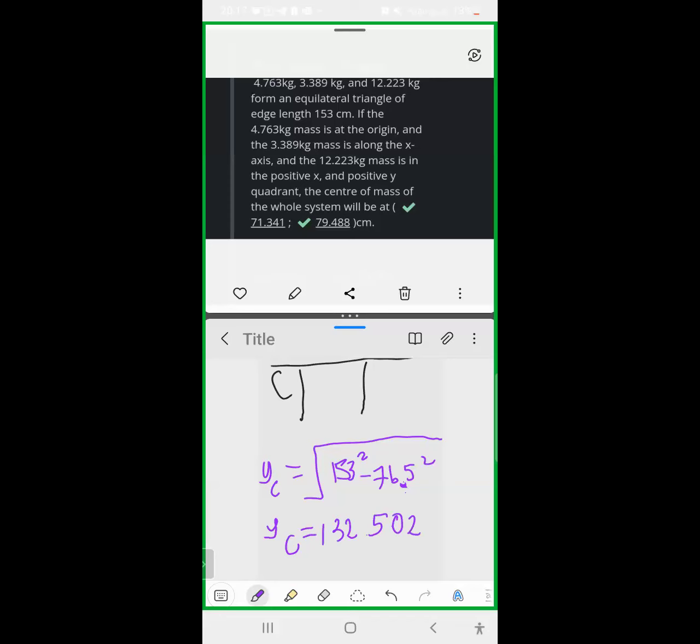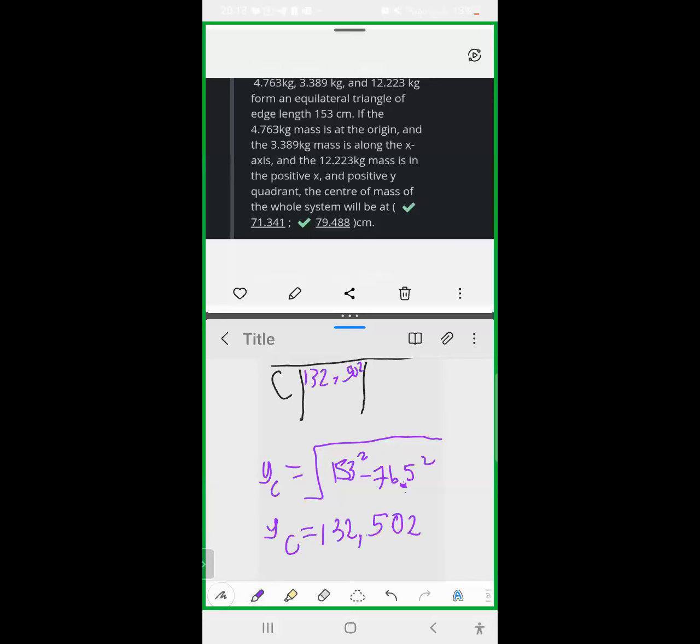And this is the y coordinate of the center of mass of the particle C. So let me write it here: 132.502.